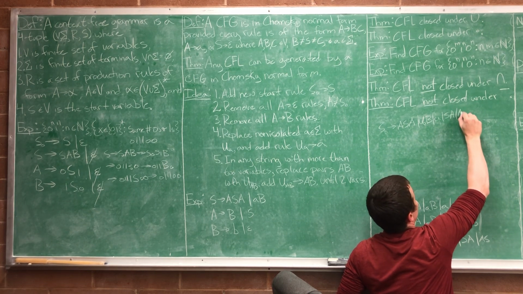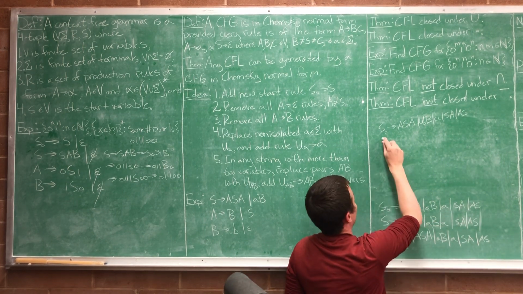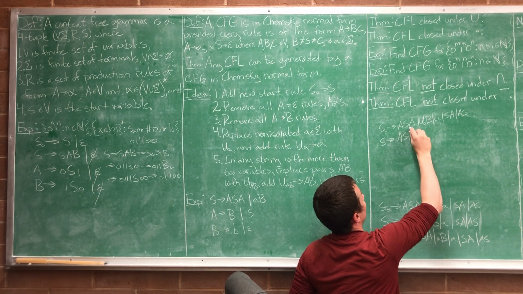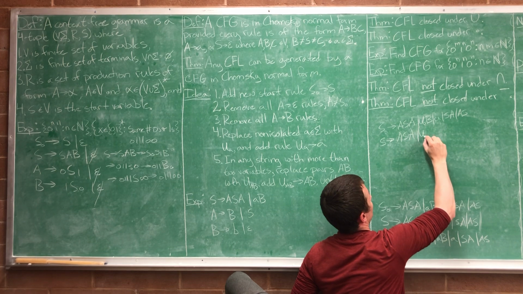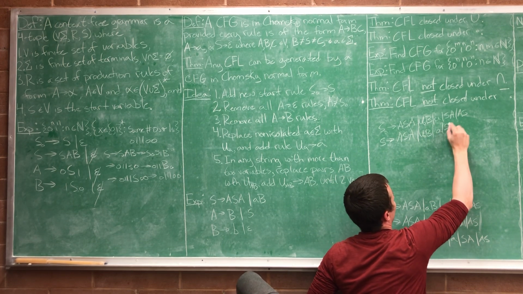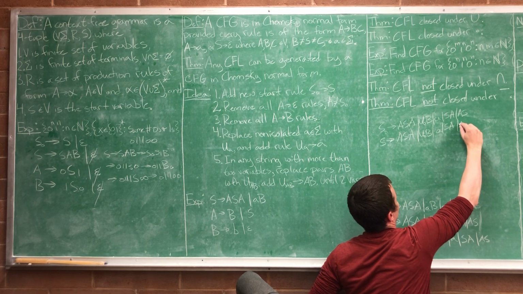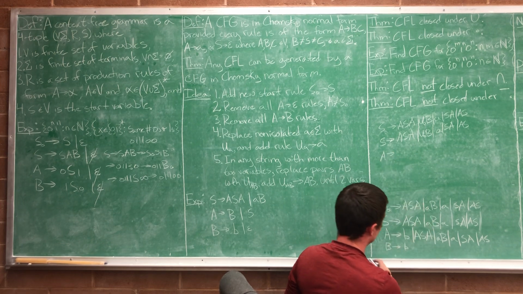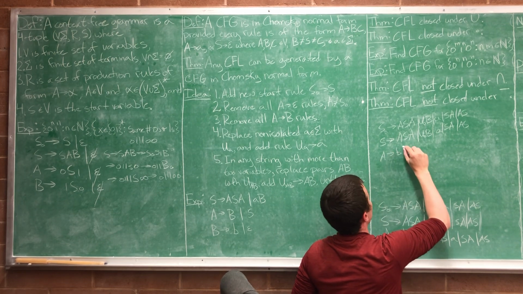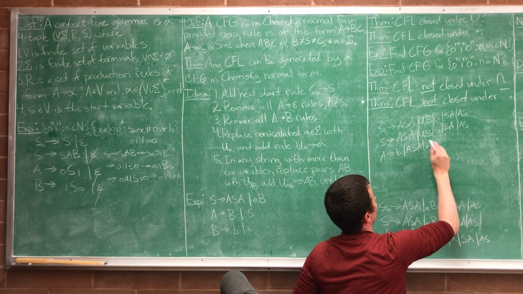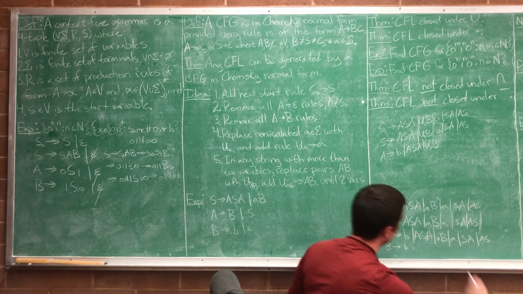Then we have SA. Then we have AS. Over here we have S goes to the same thing, ASA, or U0 B, or a, or SA, or AS. We have A goes to little b, ASA, U0 B, and so on.